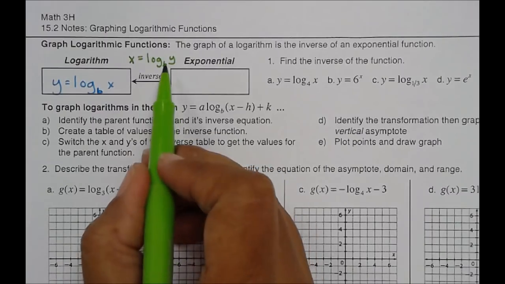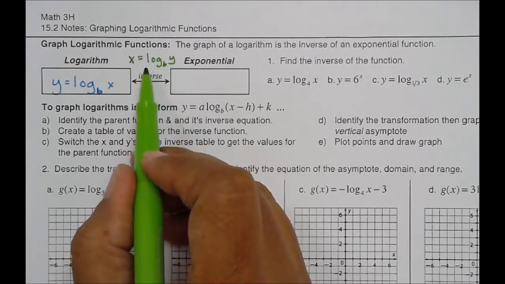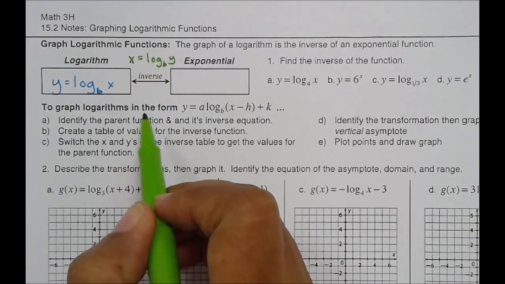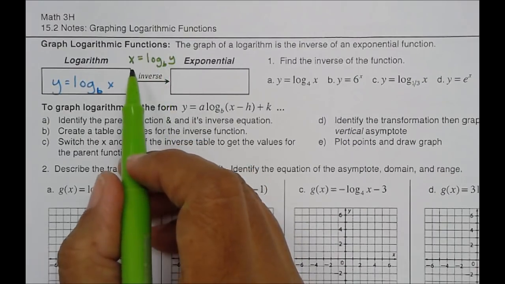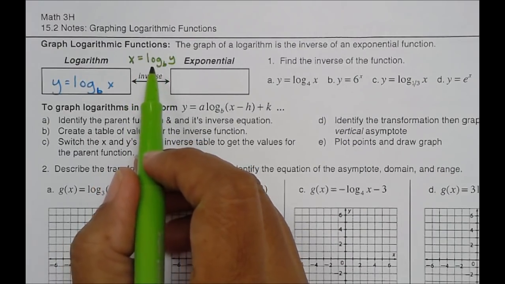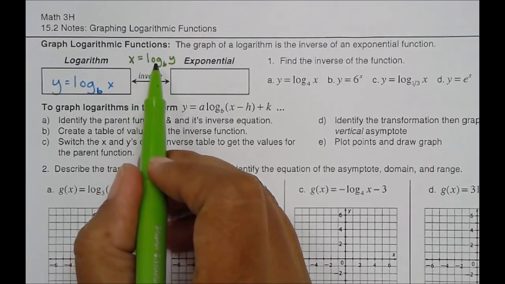Now, when you solve for y, we actually don't know how to get rid of the log just yet. So what we're going to do instead is just rewrite, because yesterday we transformed exponential to logarithmic and logarithmic to exponential. This is in logarithmic form, and we're going to write it in exponential form.